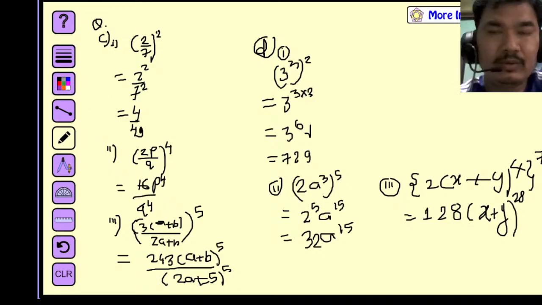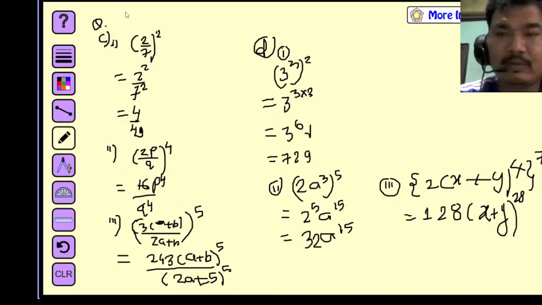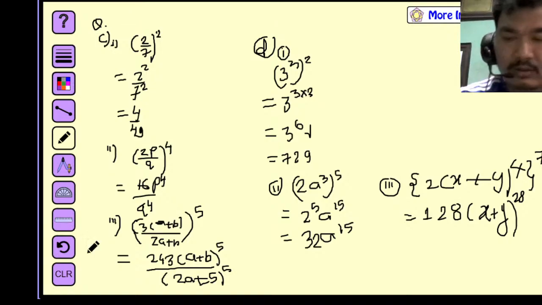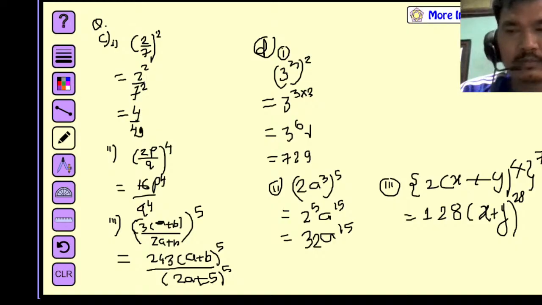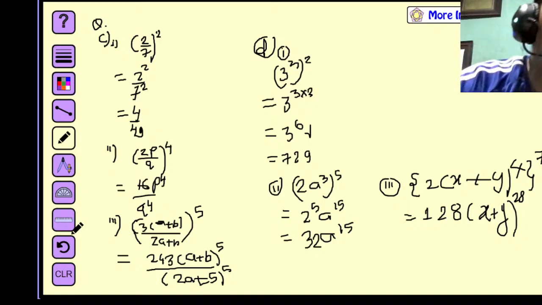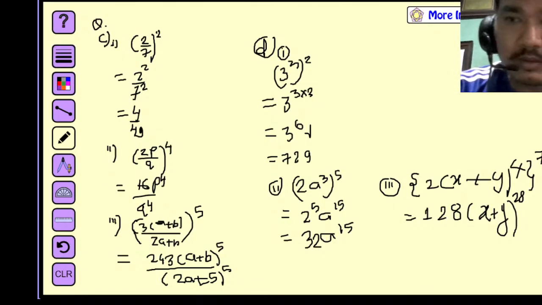Look here, now I want to solve another type of question related to laws of indices. I hope up to here you are clear. Now I want to clear this board.